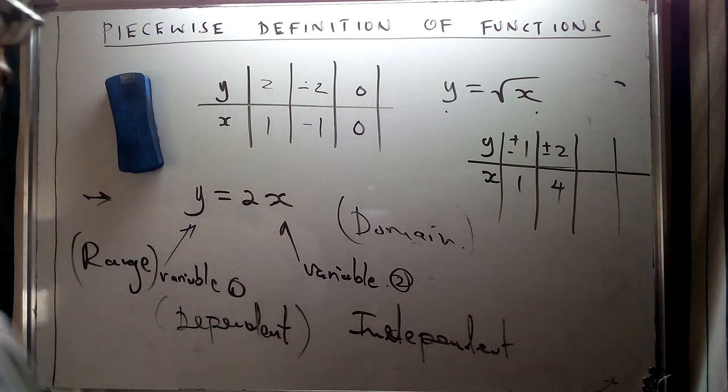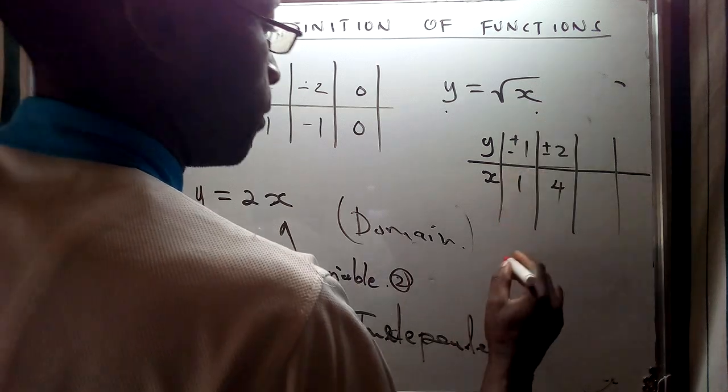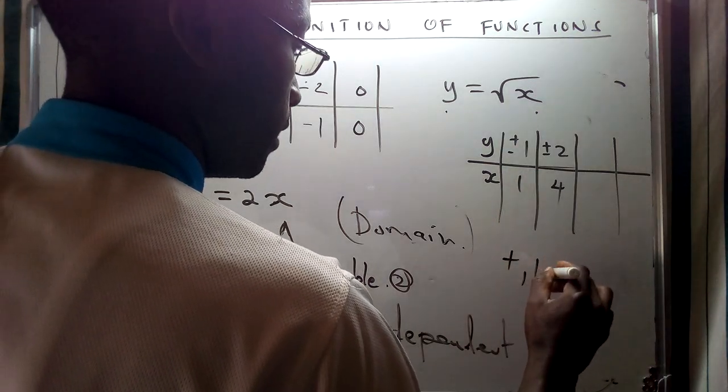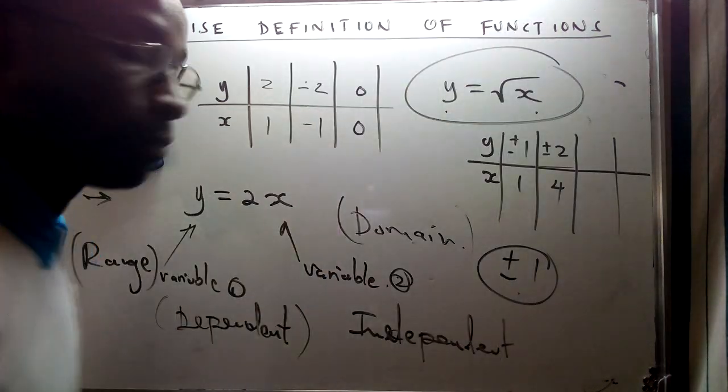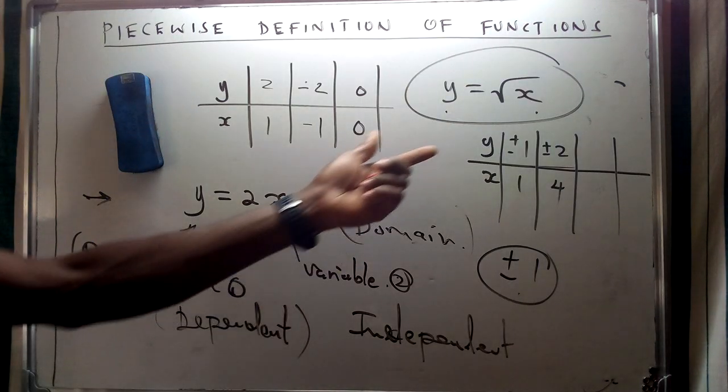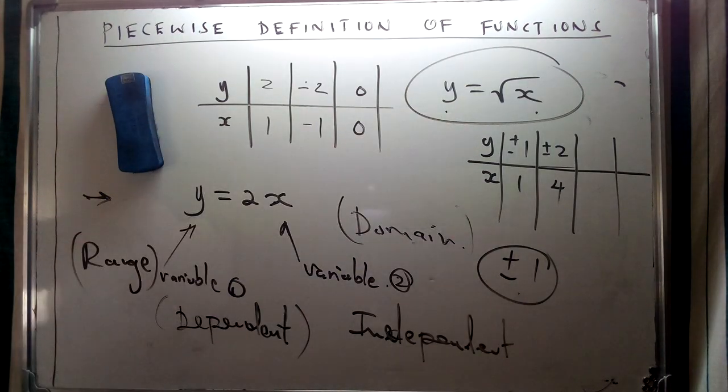Here it assigns 2 elements in the range, positive 1 and negative 1 respectively. So this does not fall under the specification for a function, and we're going to see how that affects our later discussion.